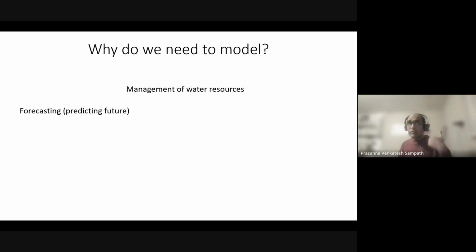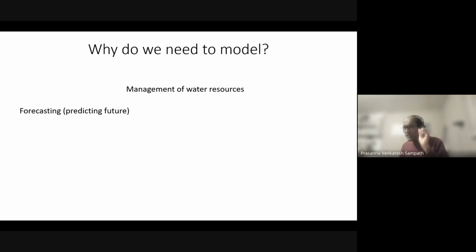I can even predict how much recharge will happen in the future if I change the land use in this particular region. This place was previously a rural area, now it has become an urban area. So what will happen to the recharge? And if that recharge happens, how will the water levels be affected, and so on and so forth, right? So that is forecasting in the future.